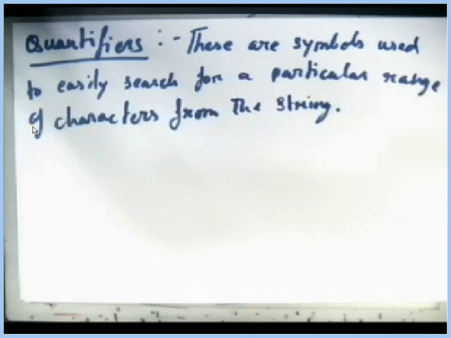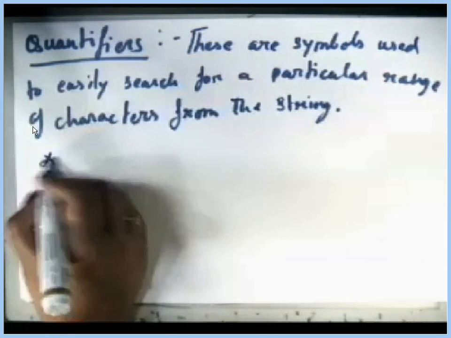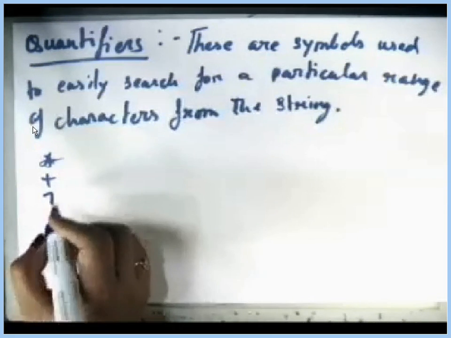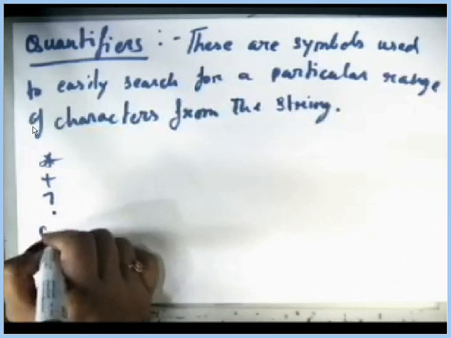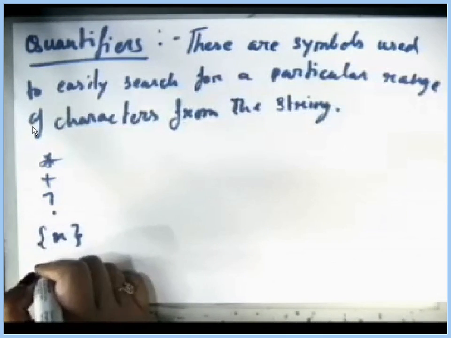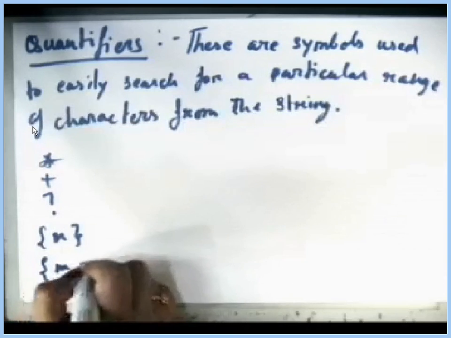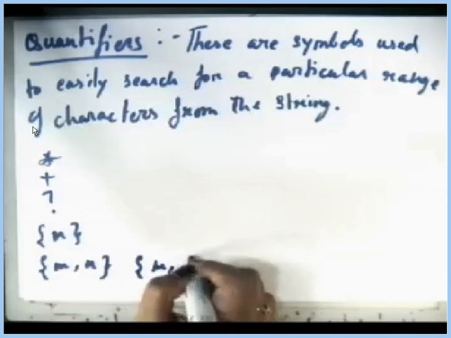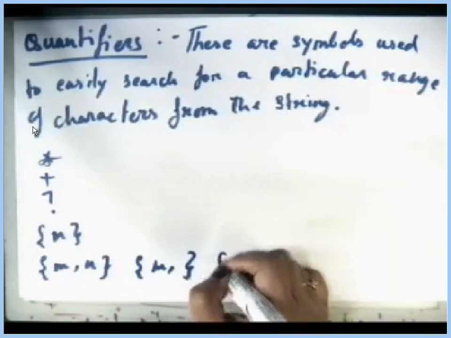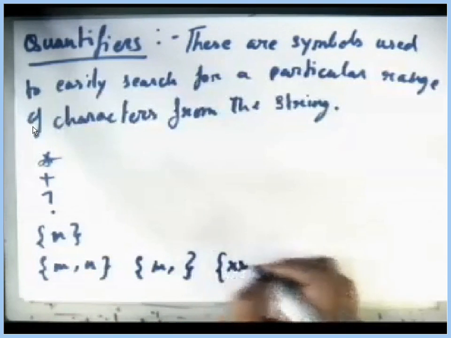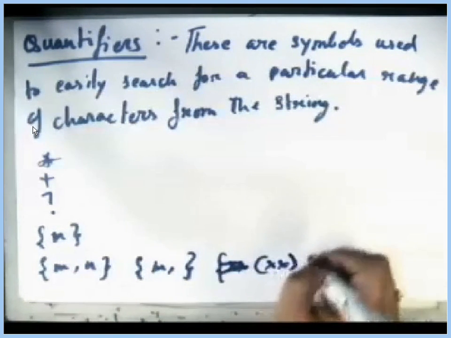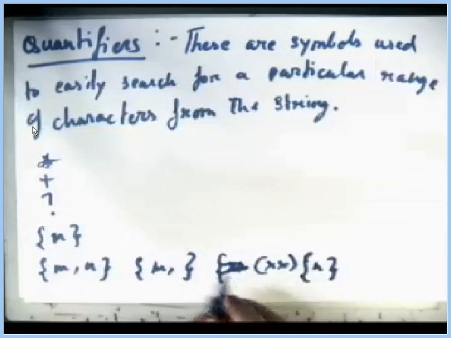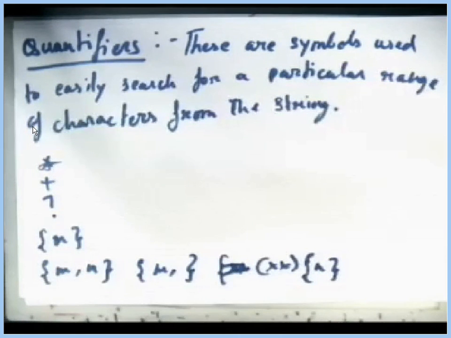The quantifiers that we use are asterisk, plus, question mark, {n}, {m,n}, {m,}, {x}, and (xs){n}. All these things are there in your book, so you don't have to take it down.